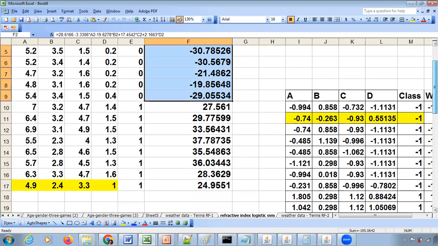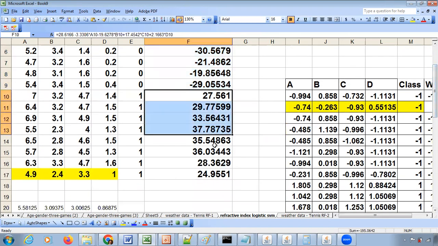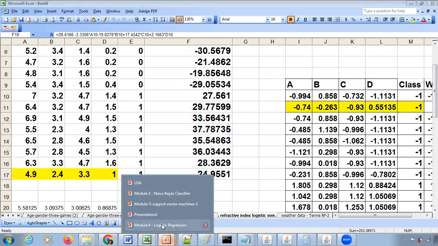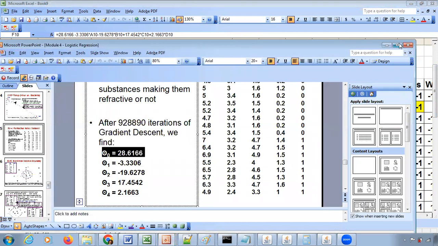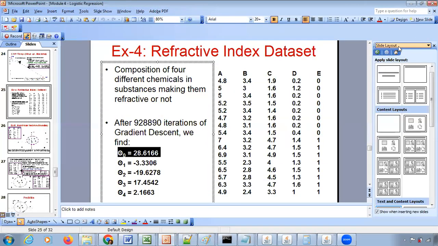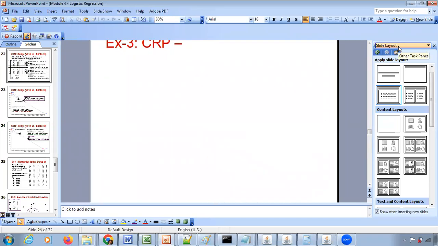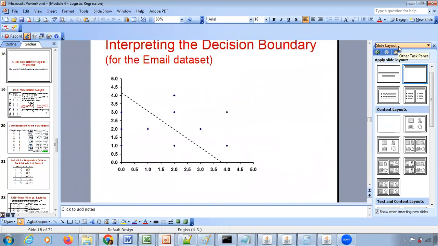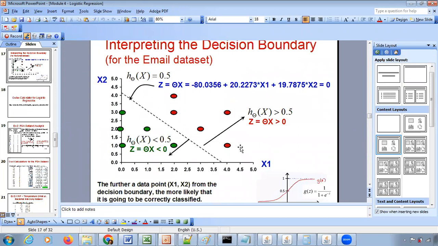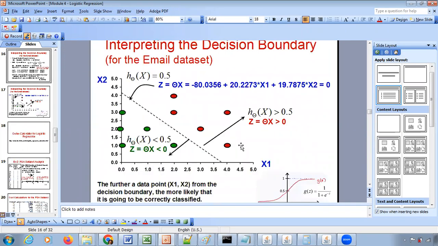Similarly, for the positive cases, the smaller the theta x value, the closer the data point is to the decision boundary. If you go back to logistic regression, that's what we saw with the spam email two-dimensional data set. This is the decision boundary for the spam email data set.